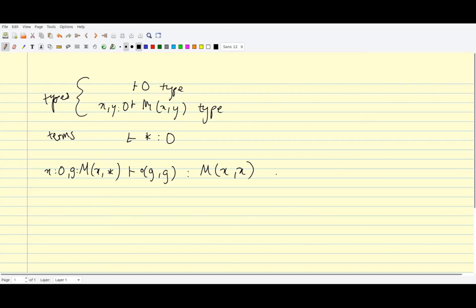That's okay, because you're allowed to have a substitution here, but not in the context. But something like this would not be possible. You have to have only variables on this side in the context. That's the syntactic caveat.